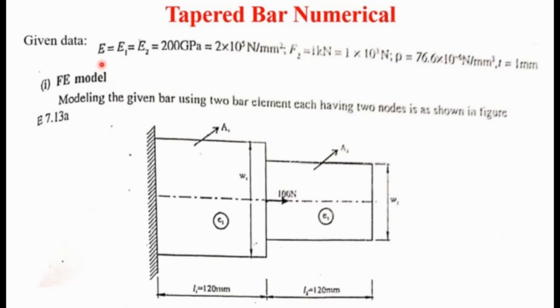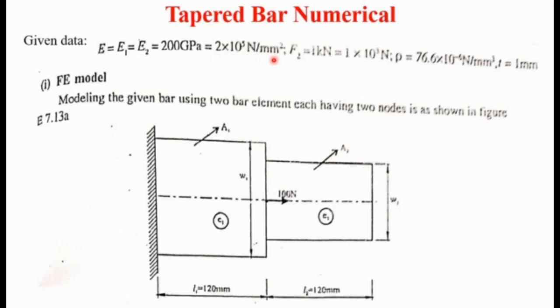So, given things: E is equal to E1 is equal to E2 is equal to 200 gigapascal. That means Young's modulus of the material of element 1 and of the second element material is 200 gigapascal, which is equal to 2 into 10 raised to 5 Newton per mm square when we convert it.